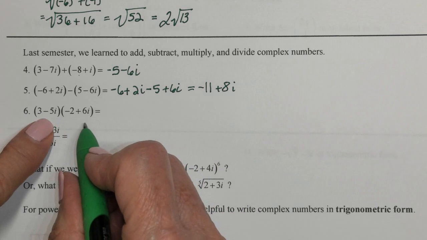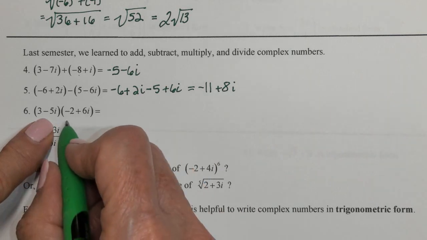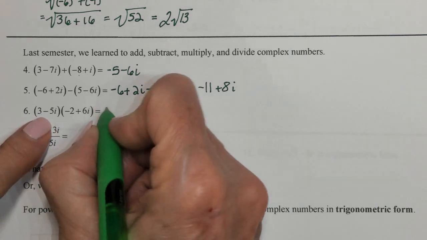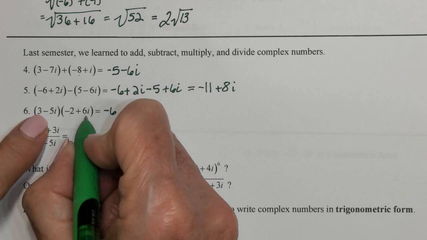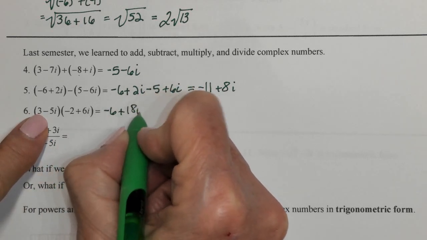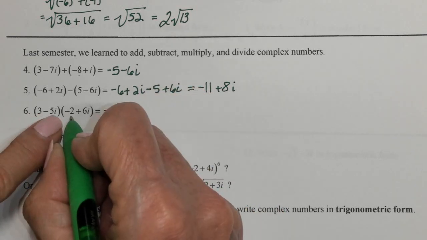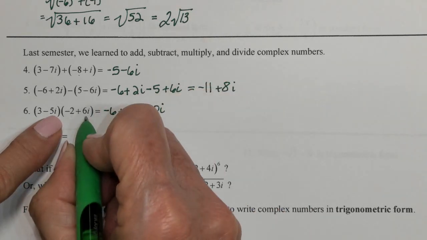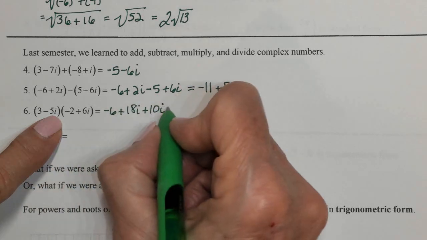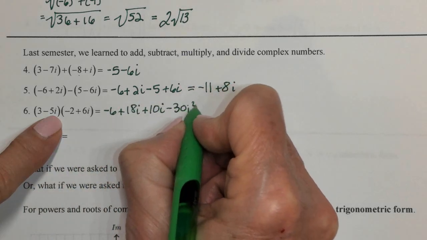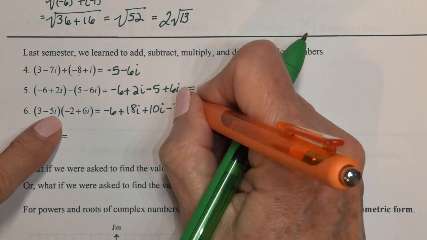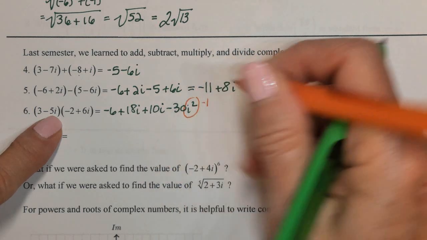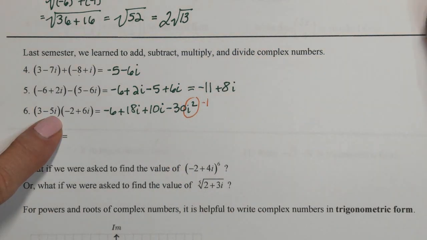Okay, when we multiply, I'm just going to FOIL this out just like we always have. 3 times negative 2 is negative 6. 3 times 6i is 18i. Negative 5i times negative 2 is positive 10i. And negative 5i times 6i is negative 30i squared. i squared is negative 1 because the square root of negative 1 is i.